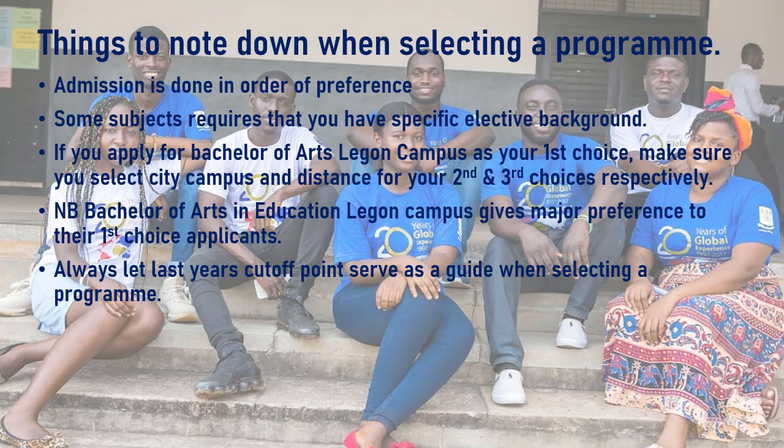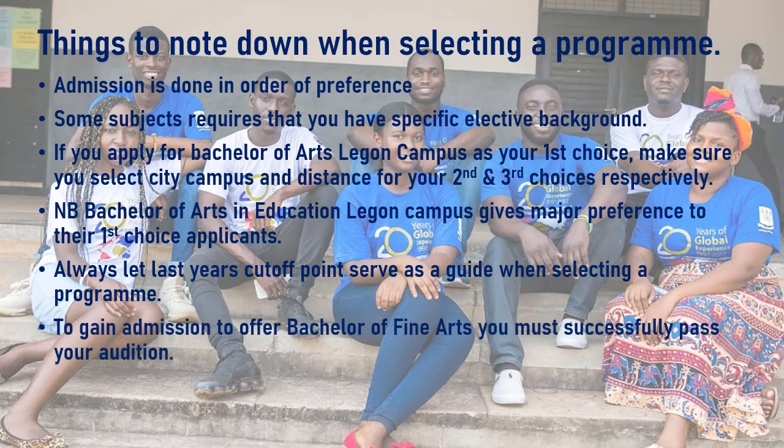In order for me to stand a chance of getting admission, I will probably select Bachelor of Arts as my first choice, because with an aggregate of 11, my chances of admission are high. And the cutoff point for Bachelor of Arts for the last academic year was aggregate 15 for males and 16 for females. To gain admission to offer Bachelor of Fine Arts, you must successfully pass your audition.